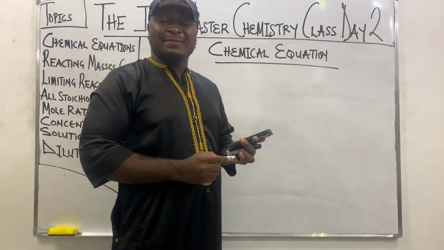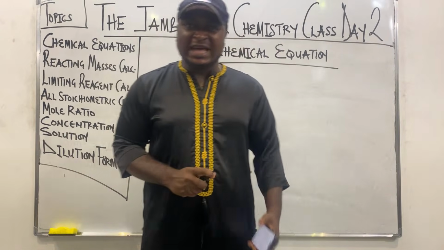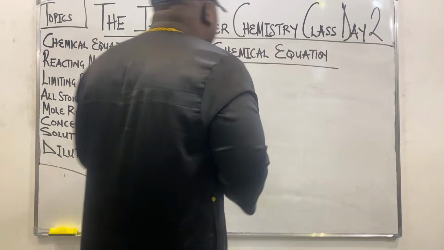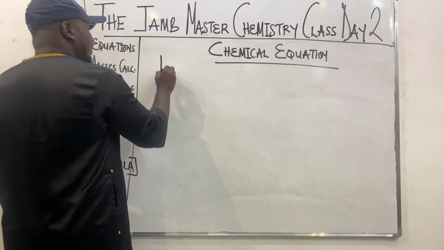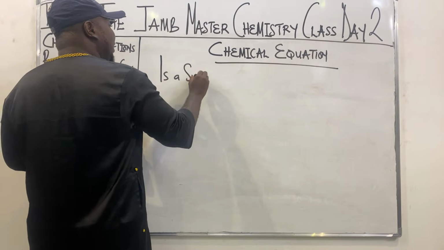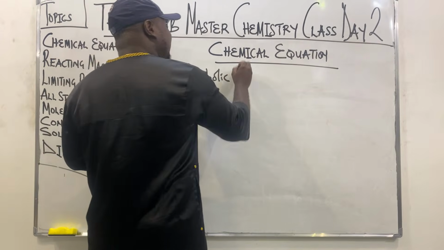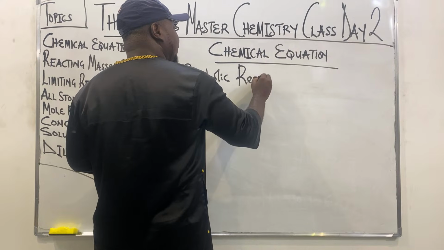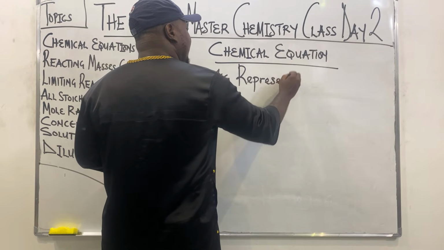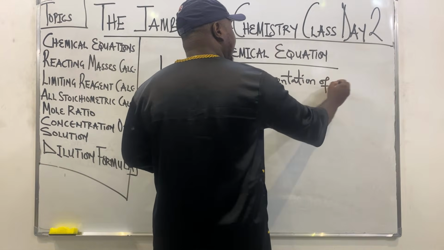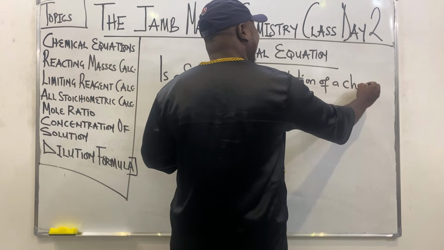Let us start with chemical equation. A chemical equation is a symbolic representation of a chemical reaction.